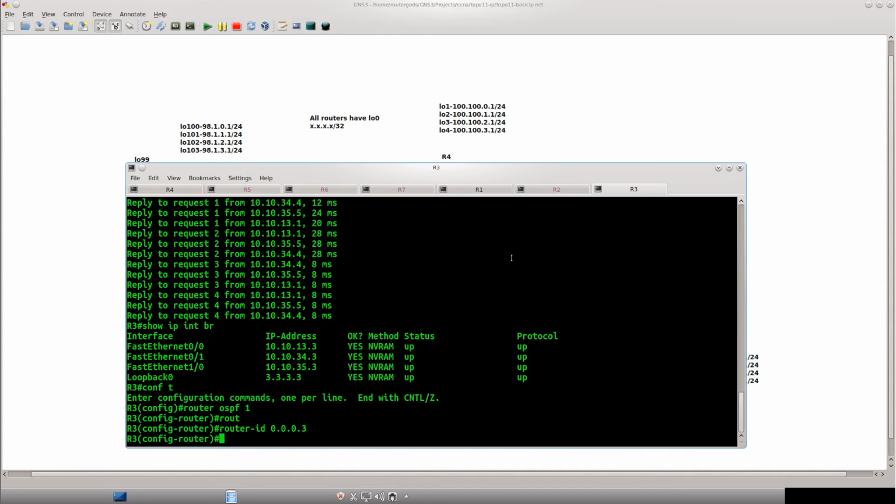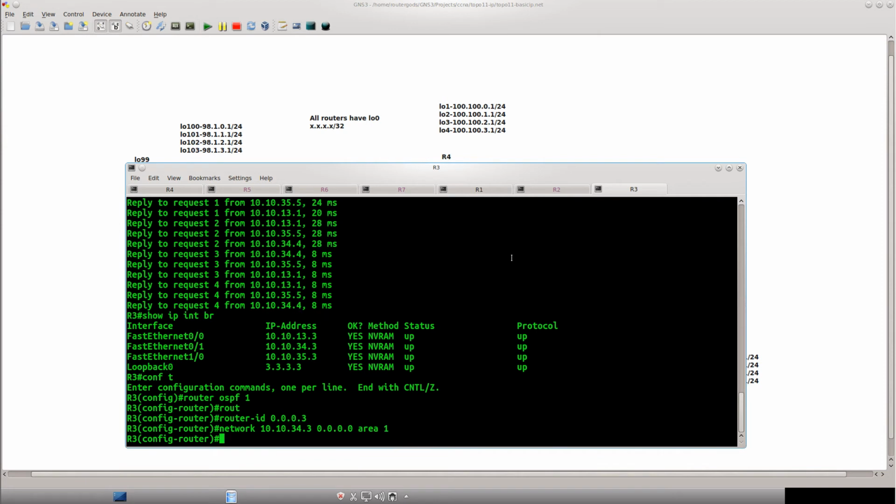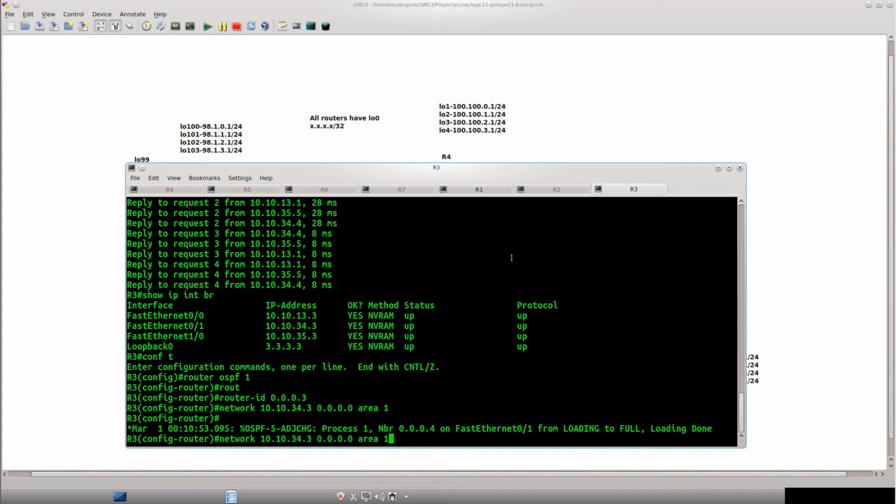And then we're going to throw fast01 into OSPF. We're going to match it exactly. Network 10.10.34.3, 0.0.0.0, area 1, and you can hit the up arrow and just change the 34 to a 35, that's going to throw fast10 into area 1.